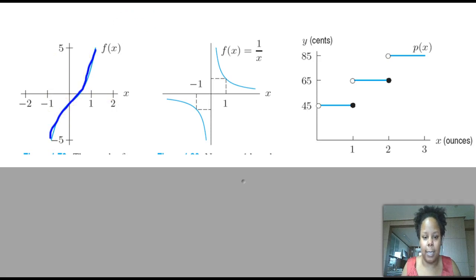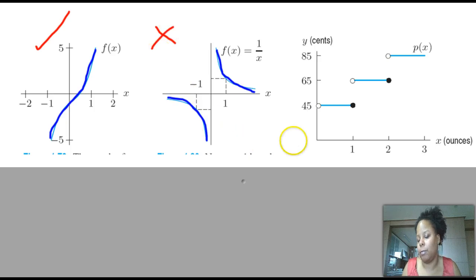So this is a continuous function. But if I go over here, in order to draw this function, after I draw this part, I have to literally pick up my pencil and move it to another location to finish drawing the other part. So this is not a continuous function right here.